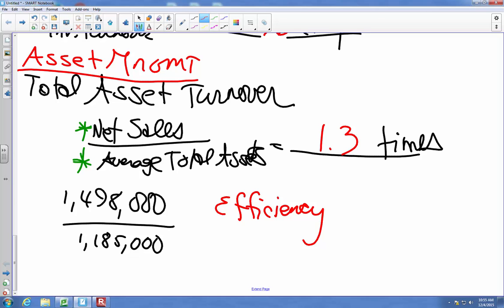So if your assets aren't being productive, you should divest and get assets that are productive, right? So it's efficiency in utilizing not just current assets, but what? All your assets to generate sales.